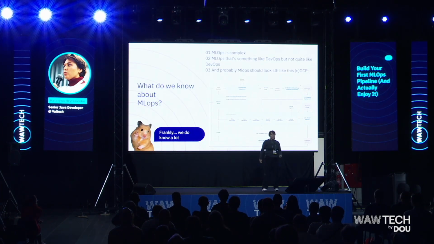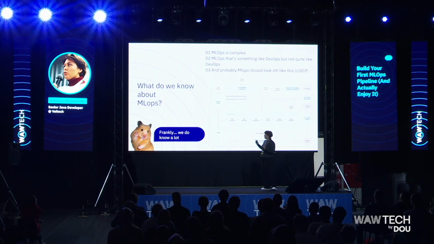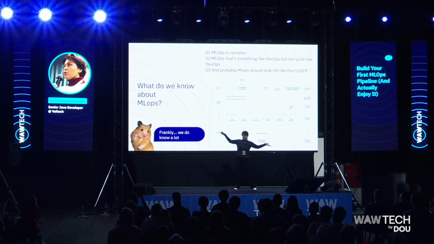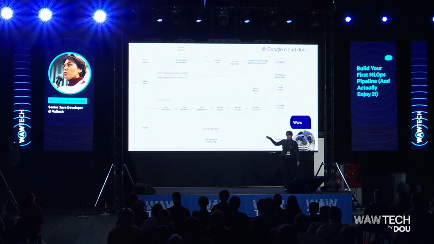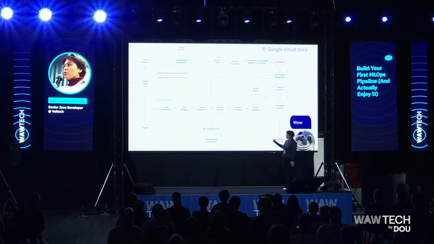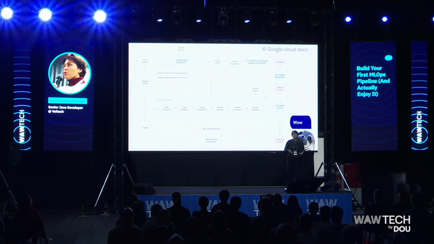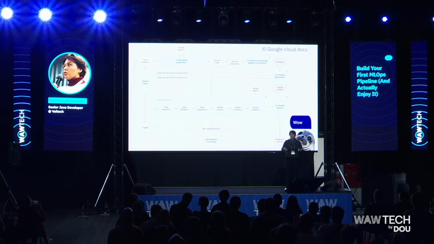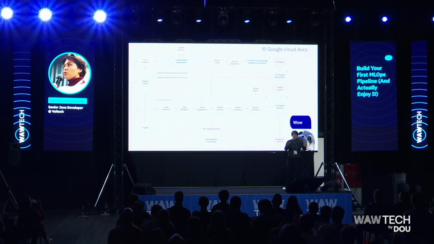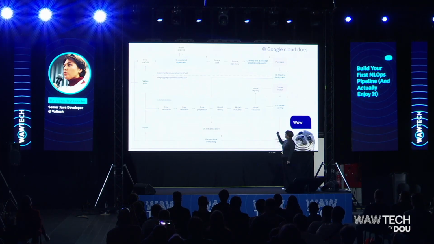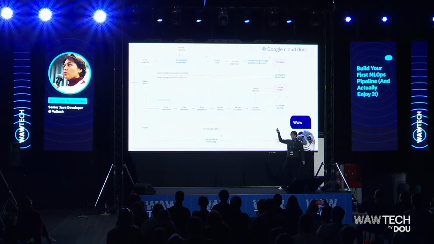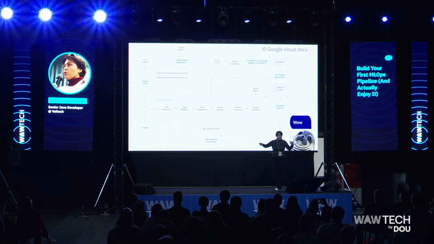And the third thing is that we know that our MLOps should look somehow like this. Please don't get scared that the image is too small. Basically, I have a bigger one. So that's a good example of how Google thinks the typical MLOps pipeline should look. If it works for Google, maybe it also works for us. So what we have here: we have some source code, obviously. We have some ML pipeline to run.